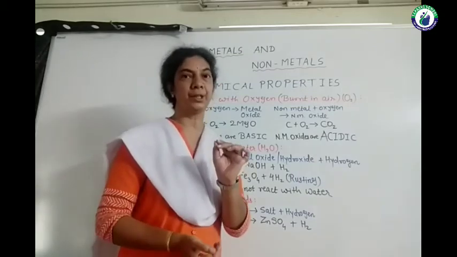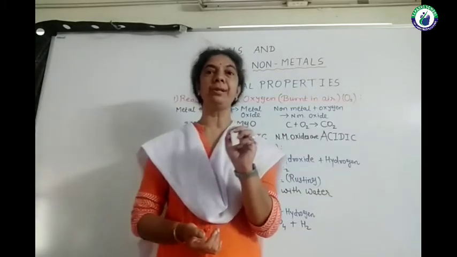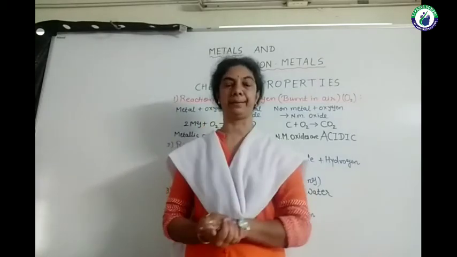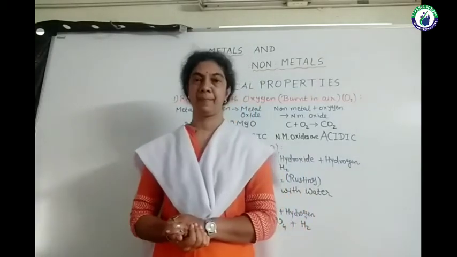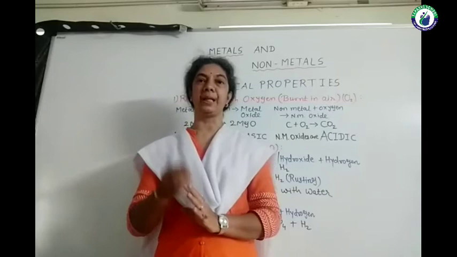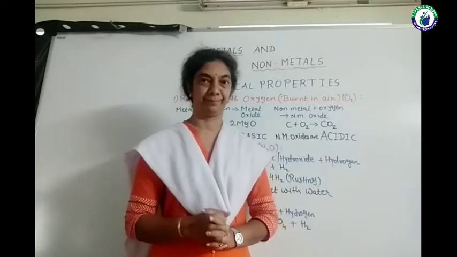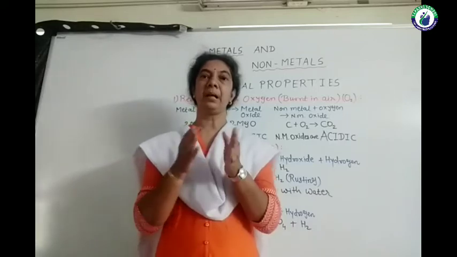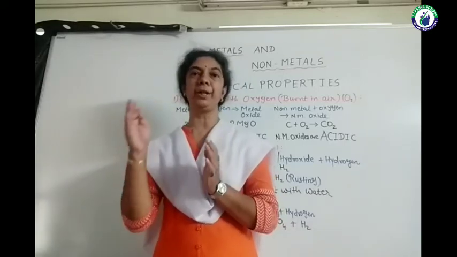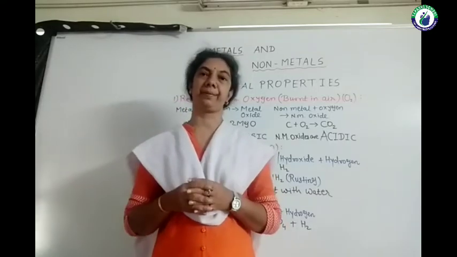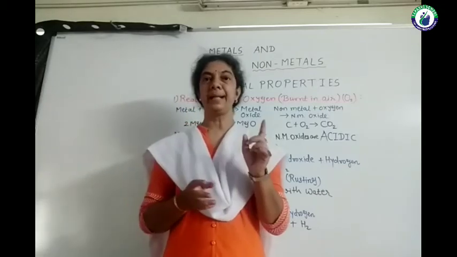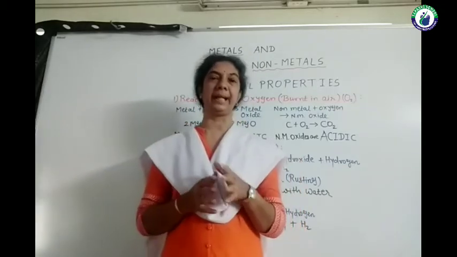Add a few pieces or granules of zinc metal in that. After some time we can see the bubbles in this solution. Collect that with a delivery tube in another beaker. That gas will be hydrogen gas.